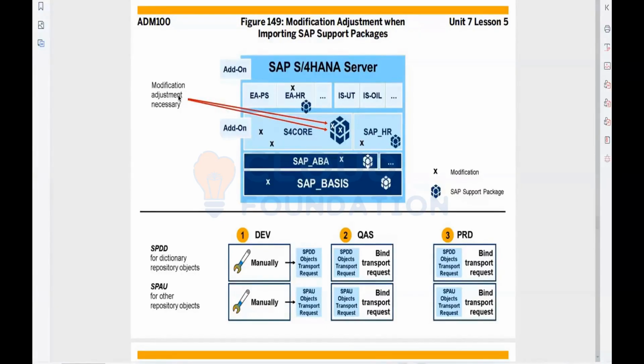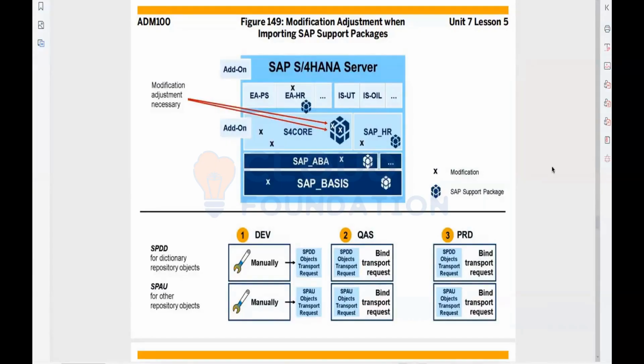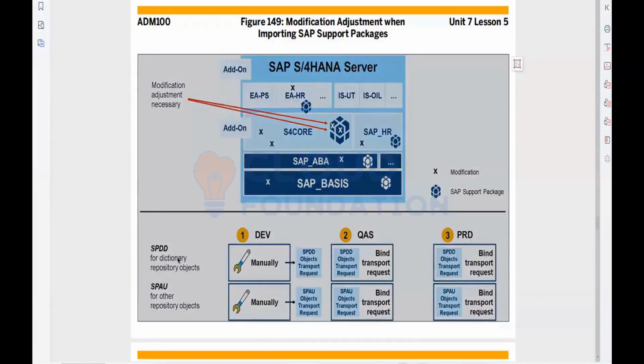The developer will have to tell the system that no, we don't want the new one, we want just the old one. You can carry on with the old one. This is a task of the developer. They are going to run these T-codes: SPDD is for dictionary objects, and for other objects they are going to use the SPAU T-code.